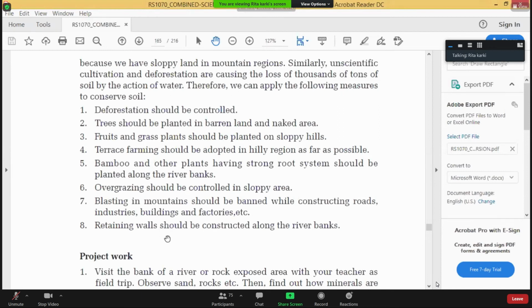Deforestation should be controlled, and trees should be planted on barren land or naked areas. When the trees are planted in the barren land or in the naked areas, they provide proper coverage to the soil and the land. They can also reduce the velocity of the wind, and the strong wind blows in different ways.